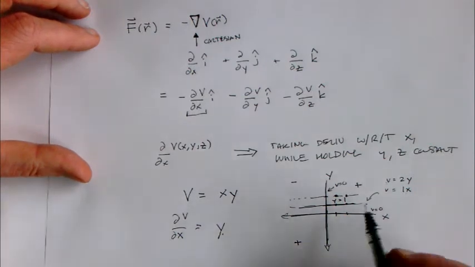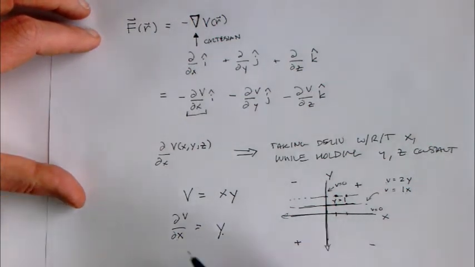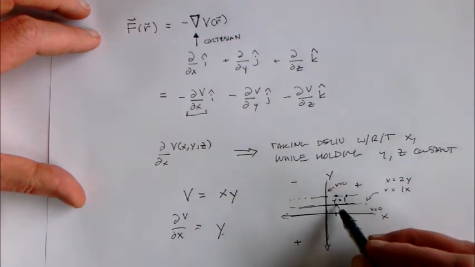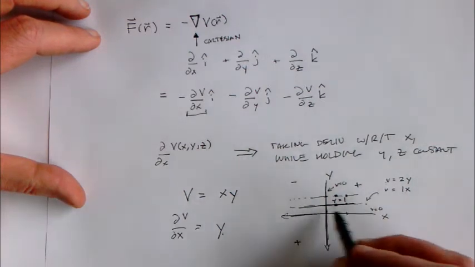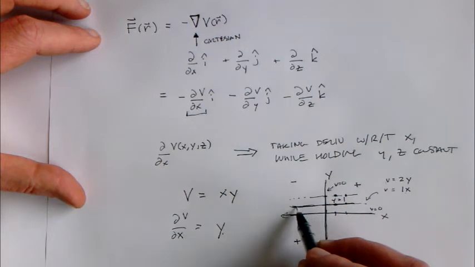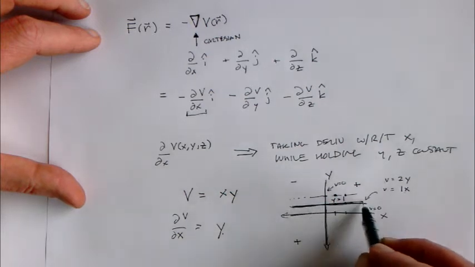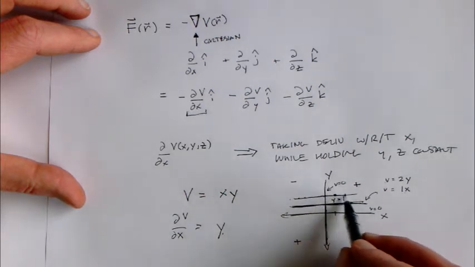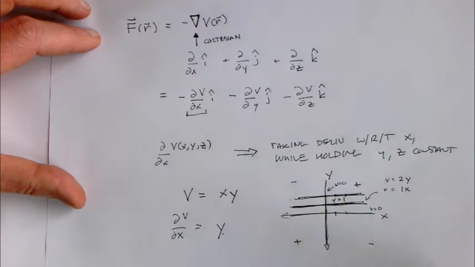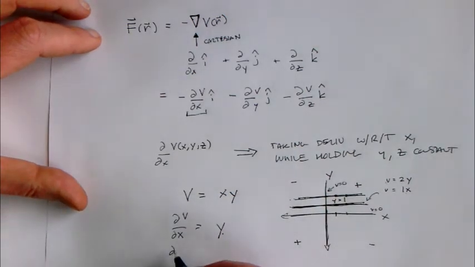As a consequence, you can think about what the partial derivative with respect to x looks like for this function. Along the line y equals 1, it's 1, right? So moving along this line, the potential has a slope of 1. Moving along this line, the potential has a slope of 2, and so on. Similarly, I could also ask the question, what's the partial with respect to y, right?